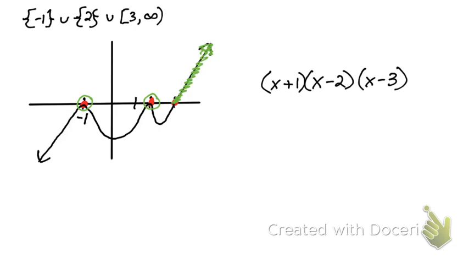It could be any one of those. I'm going to pick the lower of the values. I'm going to say x to the 2nd to make it bounce off there. It's going to bounce at positive 2, so it's tangent at 2, which also has to be an even power. So I'll make that 2. X minus 3 crosses straight through it, so it needs to be an odd power. So let's just leave it as 1. You can make it 3, you can make it 5. I don't care what you want to put it as.